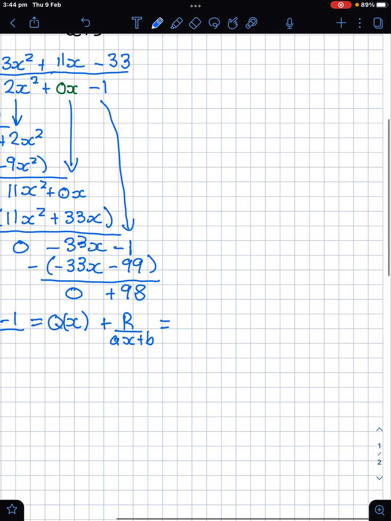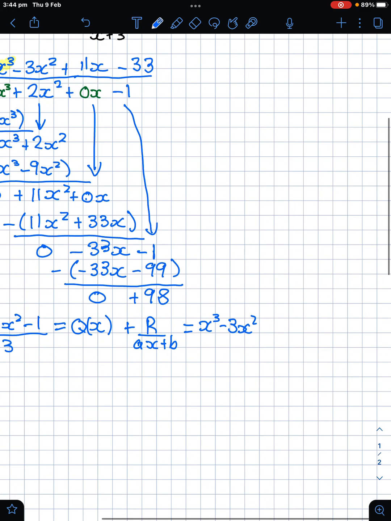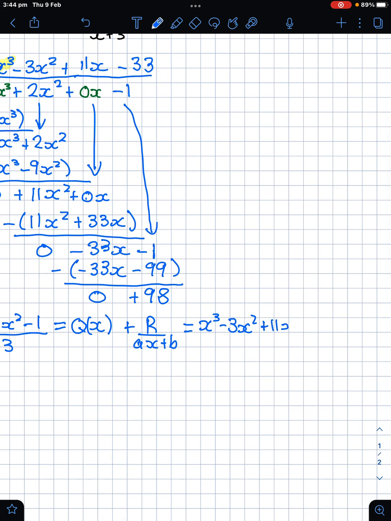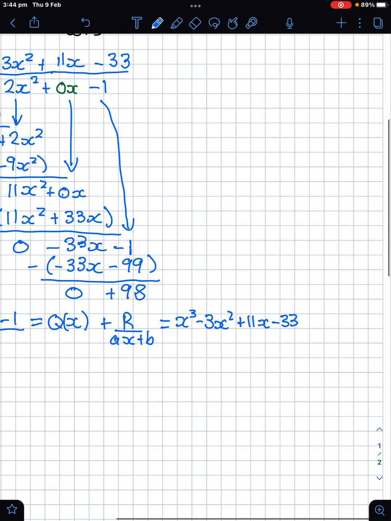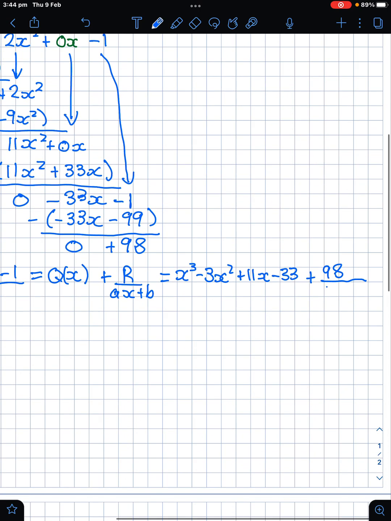So that gives us x cubed minus 3x squared plus 11x minus 33 all plus 98 over our divisor, which was x plus 3.